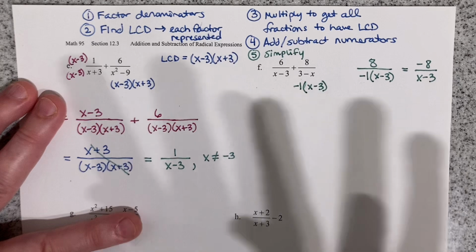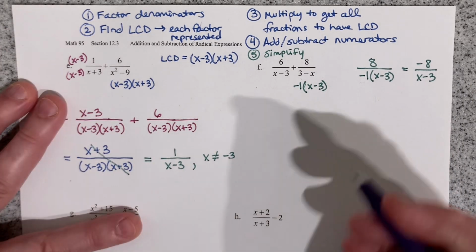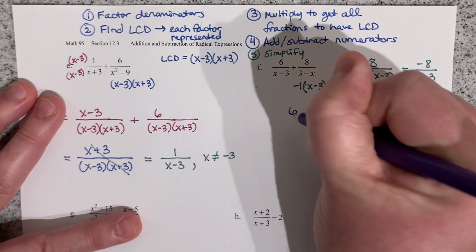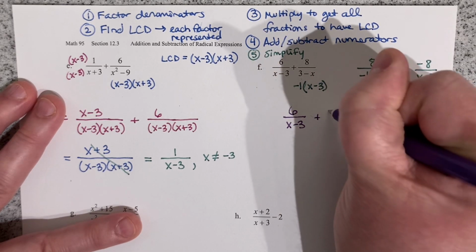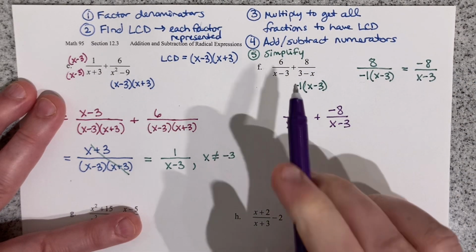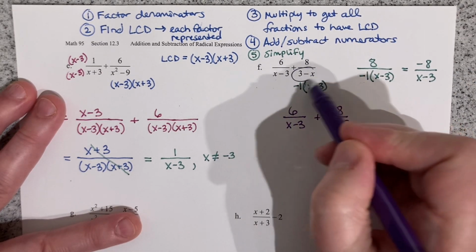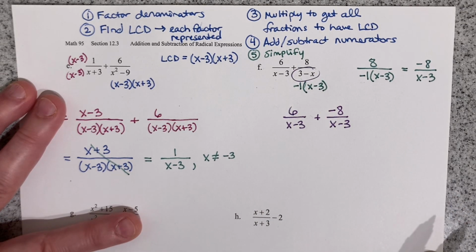But both methods work. I'm going to go with this though. It's a little more sophisticated, let's say. So what I get is 6 over x minus 3, and then now plus a -8 over x minus 3. So by flipping the subtraction in this denominator, it makes the top negative.